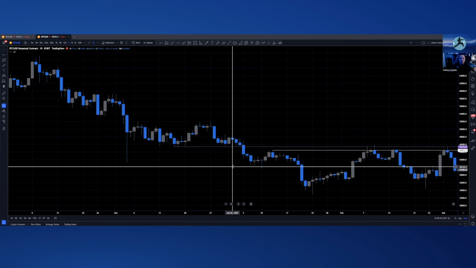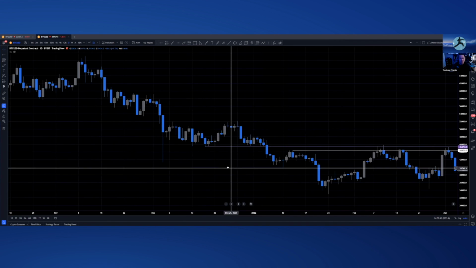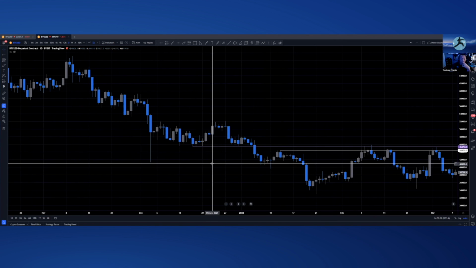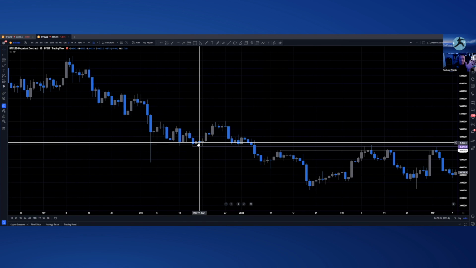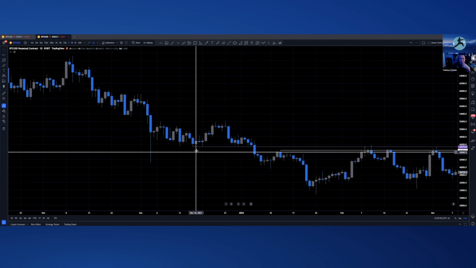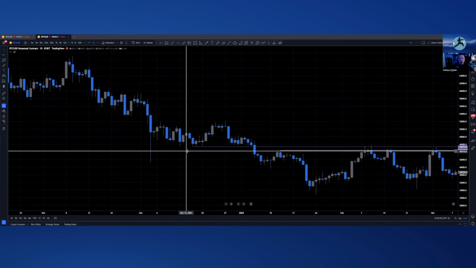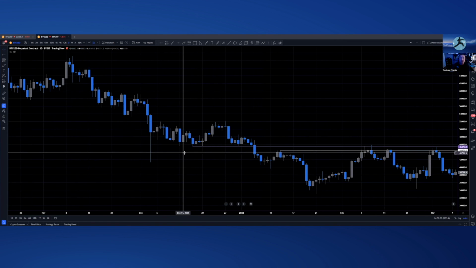So I believe it's type 1. God, I forget the type 1, type 2. I think it's type 1. But it doesn't really matter what it's called, type 1, type 2. It's a moot point, basically. One way to map market structure is to look for wicks, and then the other way is to look for candle closures through a level.